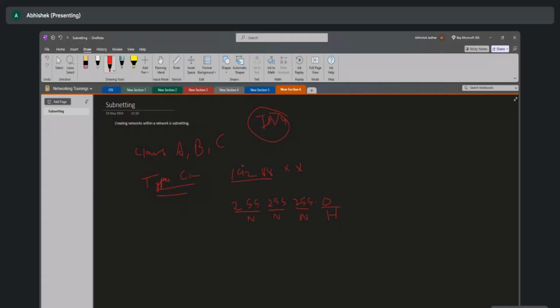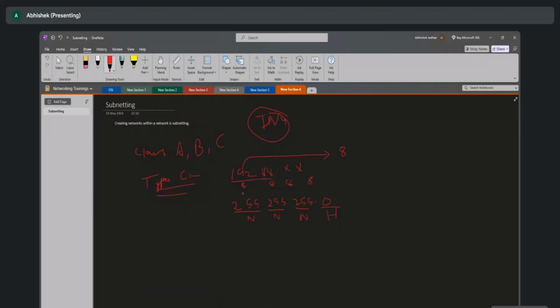So we know that each decimal within this octet consists of how many bits? It consists of 8 bits each. So each decimal consists of 8 bits here, 8 bits here, 8 bits here, 8 bits here.